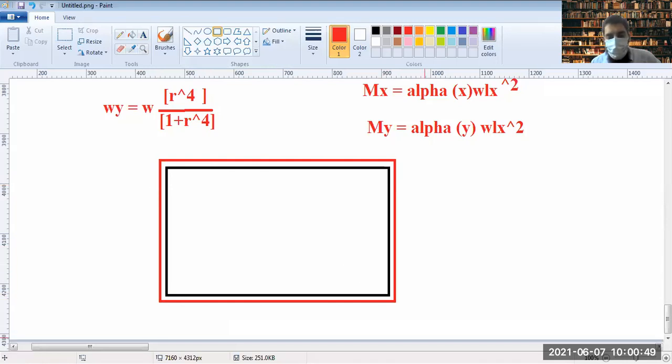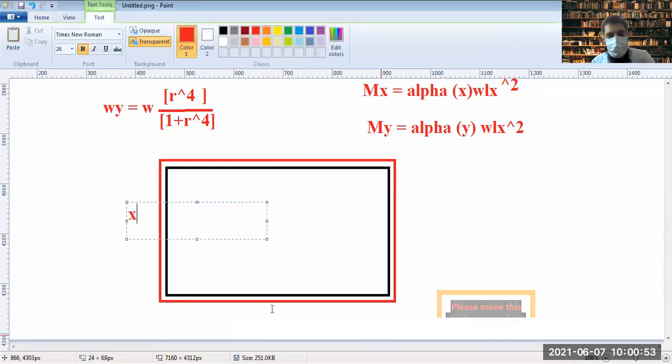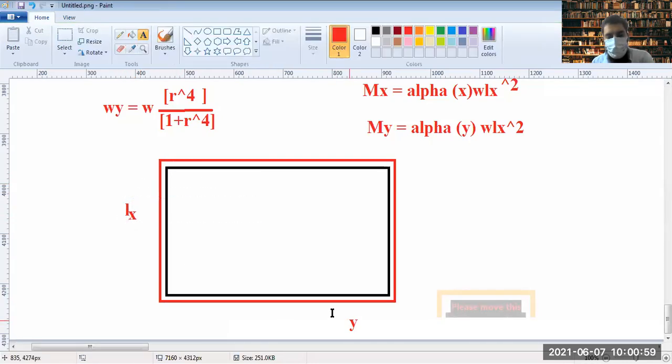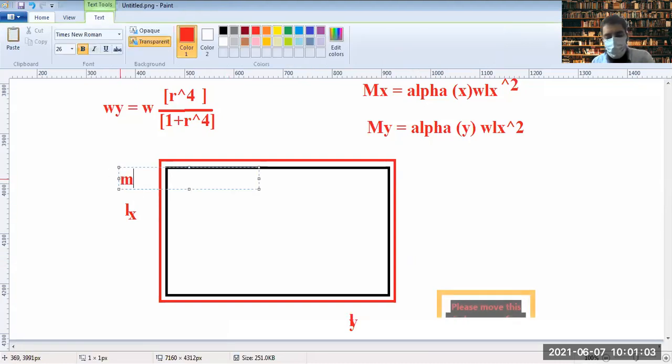What is the moment at the center? There are two directions: this is the x direction and this is the y direction. Along x you have the length Lx, and along y you have Ly. Similarly, you would have the moment about this direction, which would be Mx, and the moment about the other direction, which would be My.